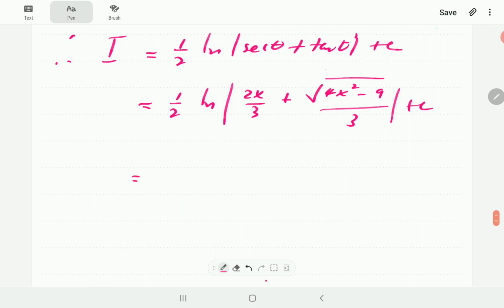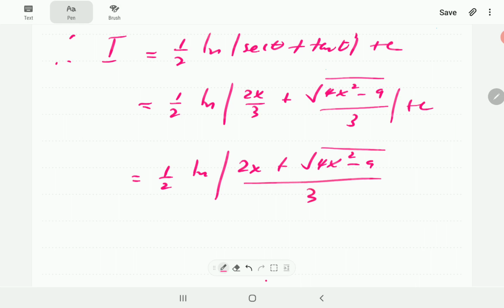We can write this as one fraction, so it's going to be 2x plus square root 4x squared minus 9 all over 3, plus c.